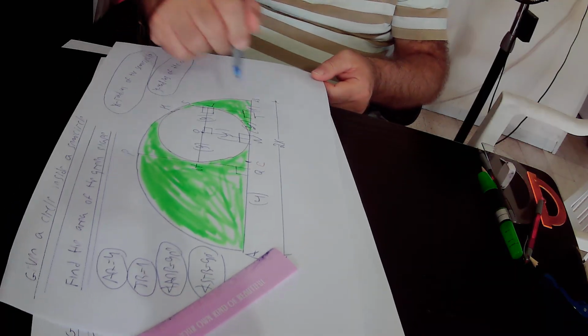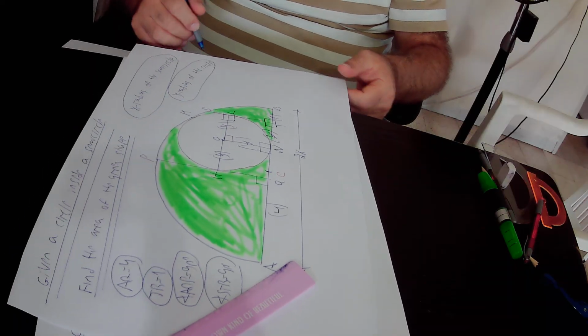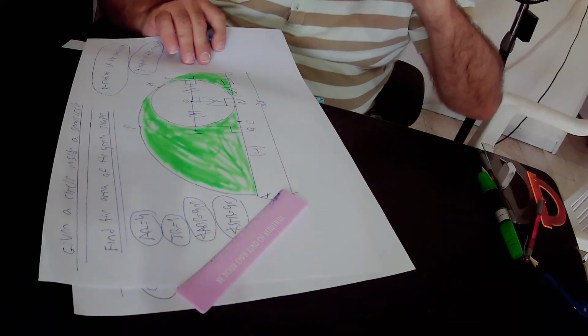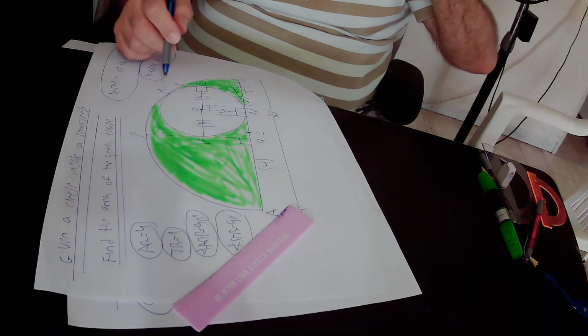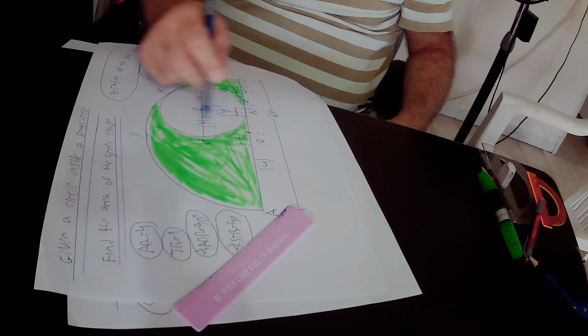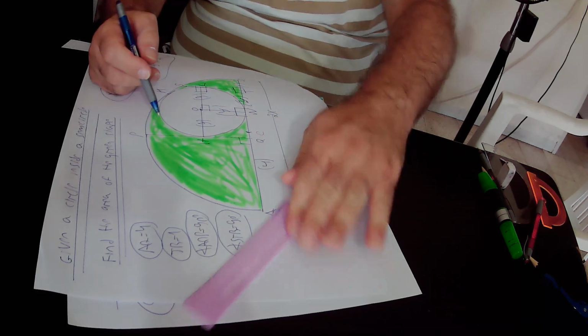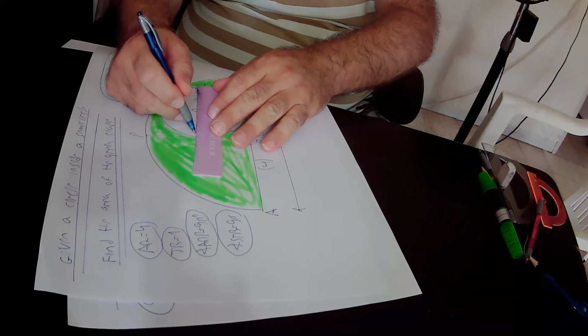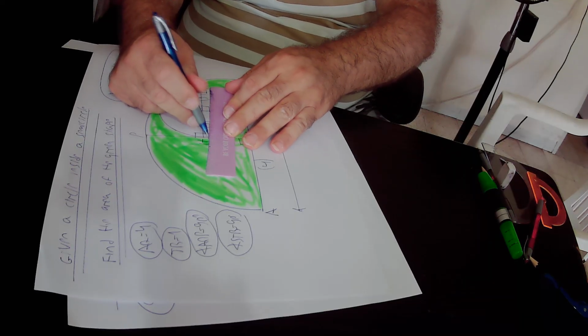And whenever a radius is drawn to the point of tangency, the tangent PQ will be perpendicular to the radius HO. If PQ is perpendicular to HO, it means that this angle equals 90 degrees, and this angle also equals 90 degrees, according to the sum rule, rule 1.